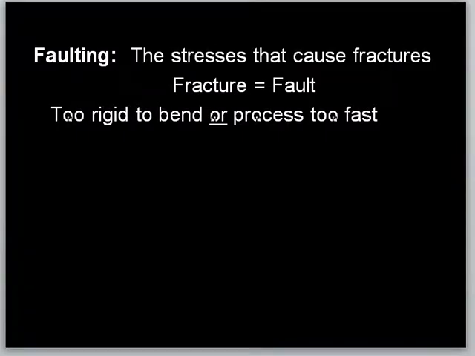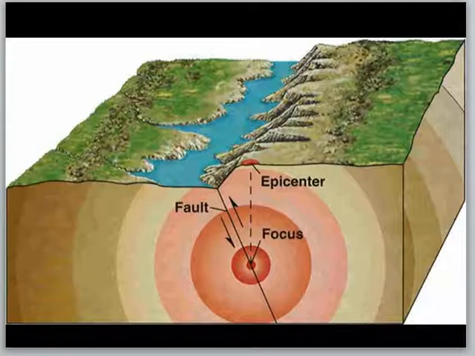Faulting is the stress that causes a fracture, if the rock is too rigid or it happens too fast, and this results in an earthquake, that sudden fracture of the ground. When an earthquake happens, the point of the first break is called the focus. The epicenter is the place on the surface of the earth directly above the focus.